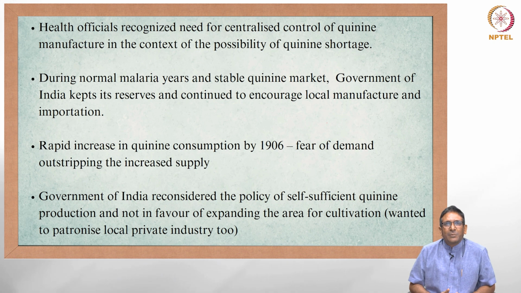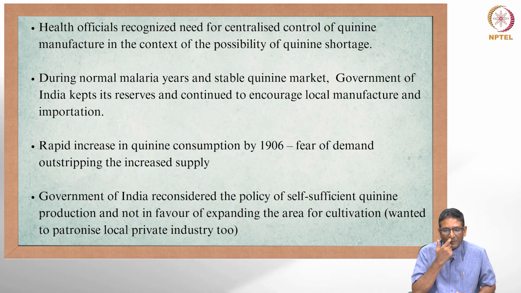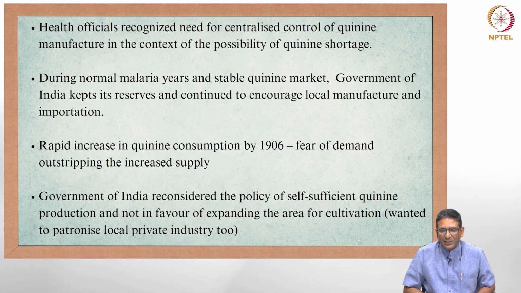During the normal malaria years, normal in the sense when the death rates were the same, kind of predictable, not too abnormal, and the quinine market was stable, the government of India kept to its reserves and continued to encourage local manufacture as well as importation.